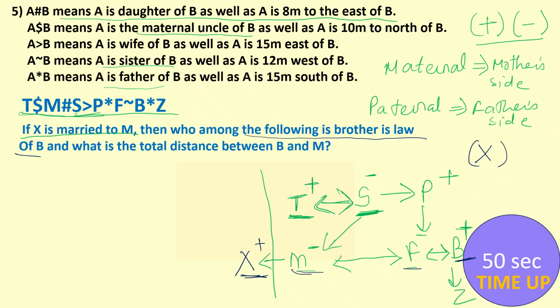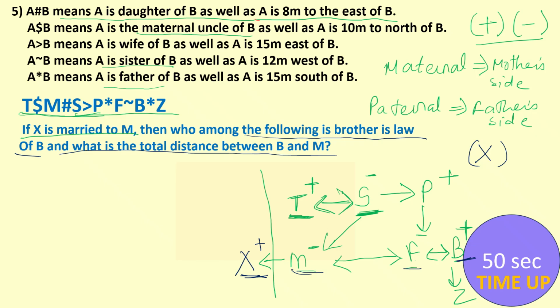Now same expression you use, because they have also asked in the question, what is the total distance between B and M? So now go to direction and distance. Okay. T dollar M means what?